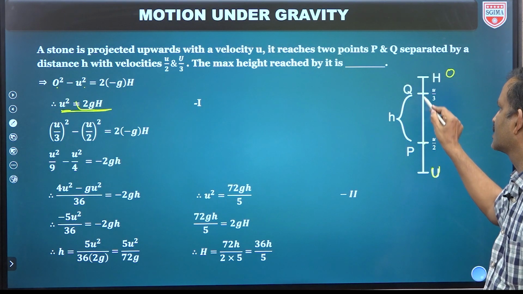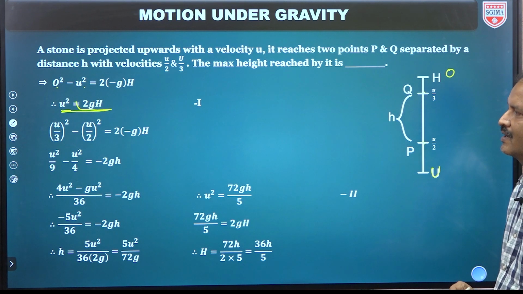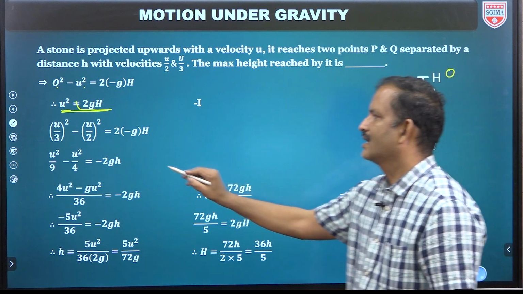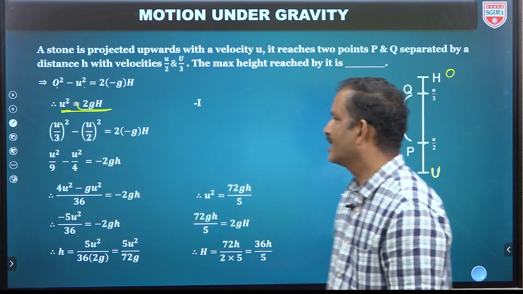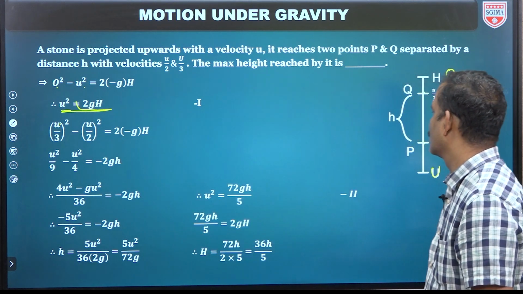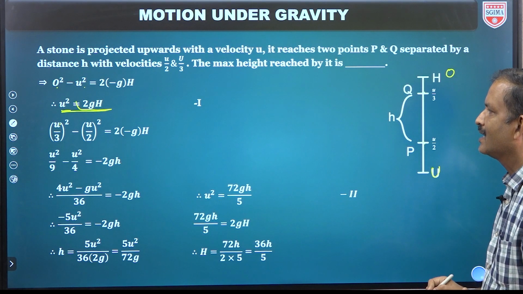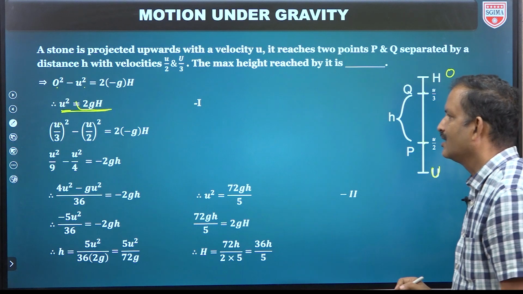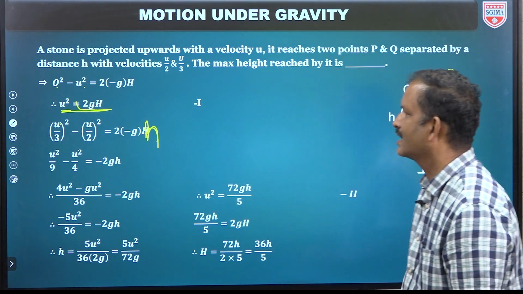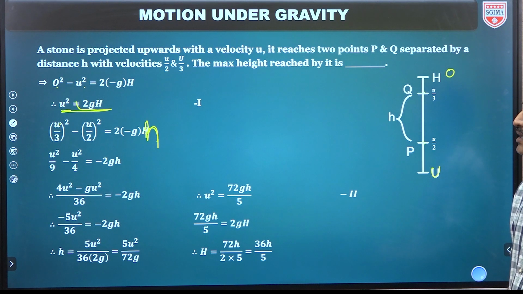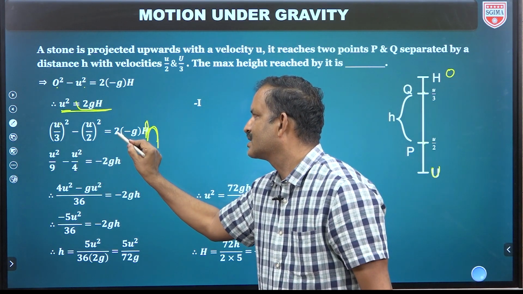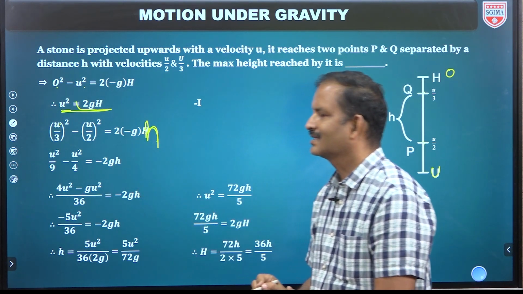But from this point to this point, again applying v square minus u square is equal to 2as. v square is (u by 3) whole square minus u square is (u by 2) whole square, 2 into a is minus g into this height h. Then u square by 9 minus u square by 4 is equal to minus 2gh.